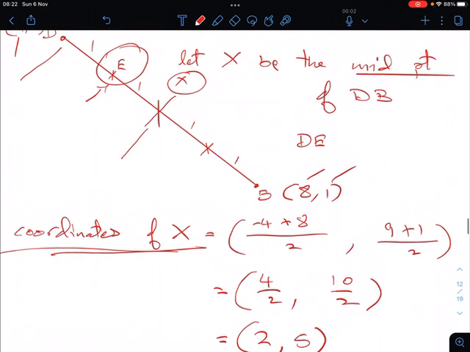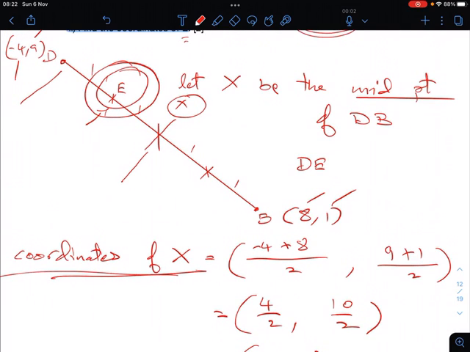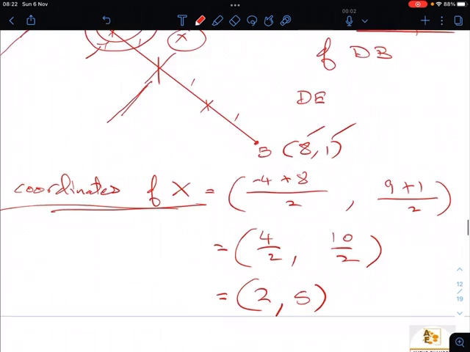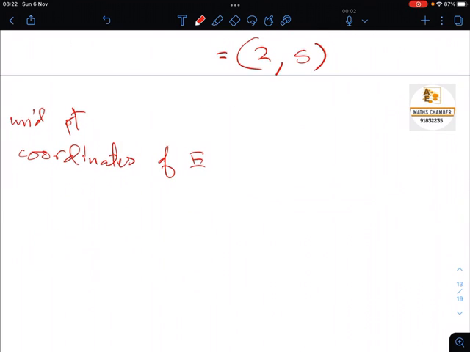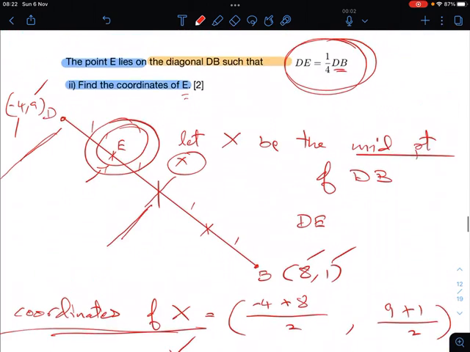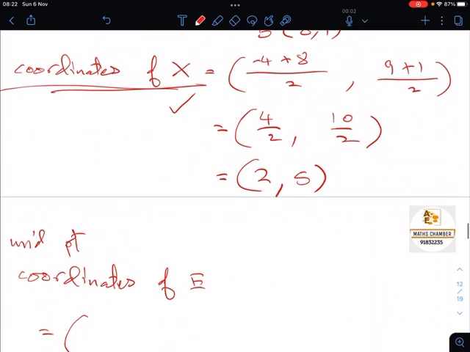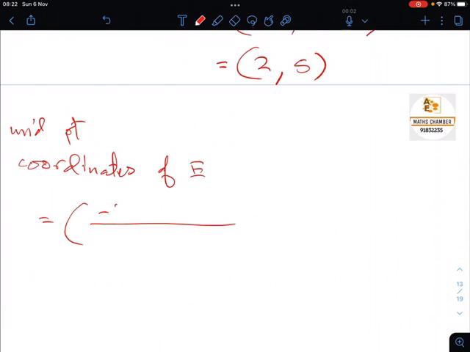I have already explained just now that to get the coordinates of E, it is a midpoint of DX, and X we already found. So easy. The coordinates of E will be equal to D, again negative 4, 9, so negative 4 plus 2 divided by 2, and 9 plus 5 divided by 2 also.